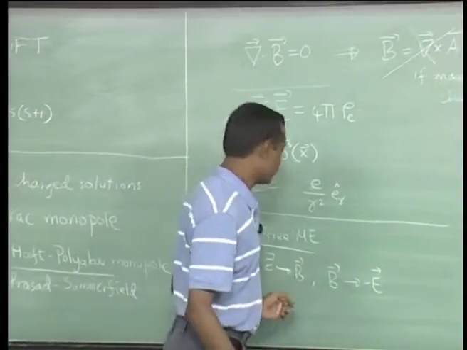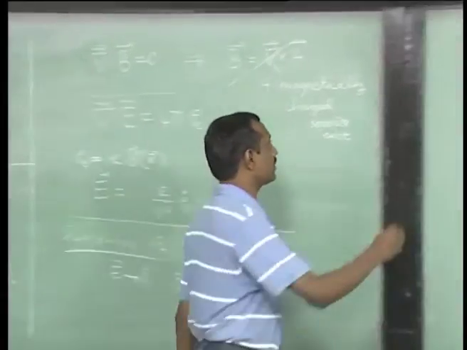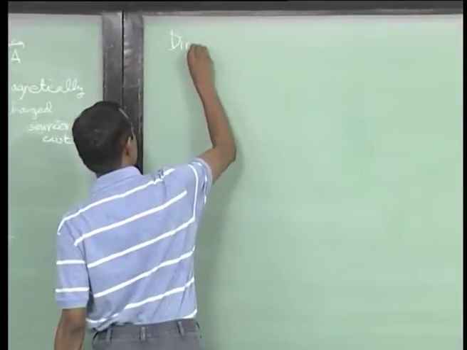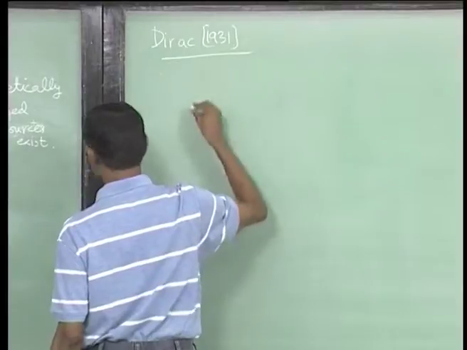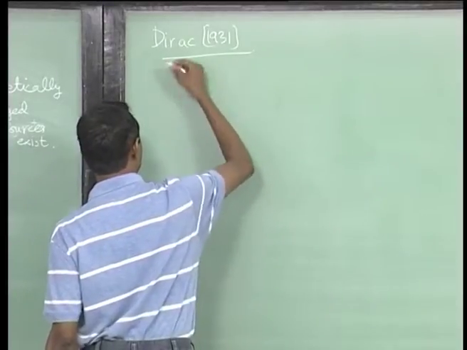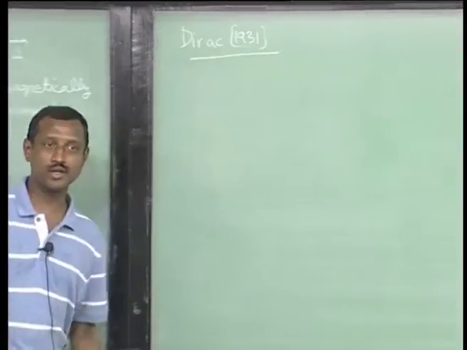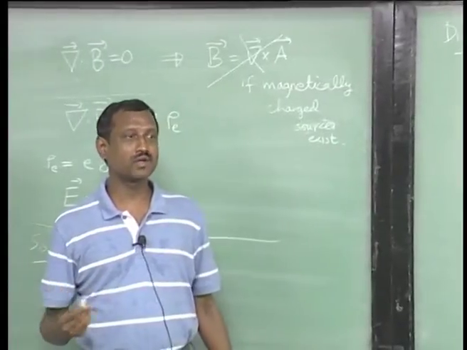So using this, Dirac in 1931 wrote, let us look for a point monopole. He called it the magnetic pole in those days, but we will call it a monopole.